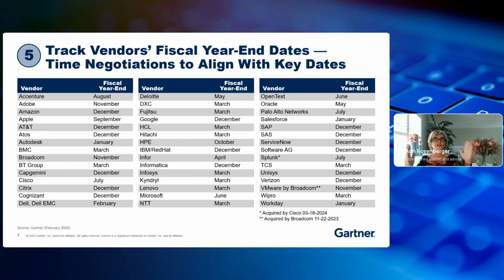Now, it's great to manage and maintain this because this is very key to one of the tactics that can be used. And the beauty of this is it isn't going to be something that a vendor doesn't know you're doing. But a vendor likes it when you do this. Vendors are quarter and year end driven.